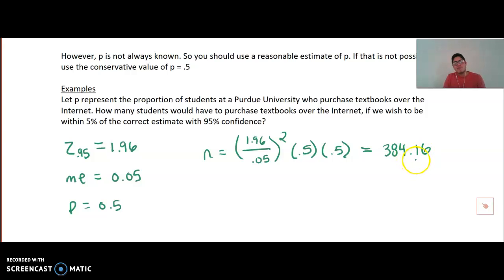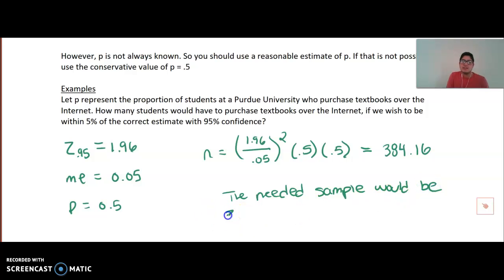However, I cannot have 0.16 of a person. So the needed sample size, of course we want context, would be 385, what? Elephants, cookies, sticks of dynamite. How about 385 students? Not as exciting as a stick of dynamite, but still pretty thrilling.